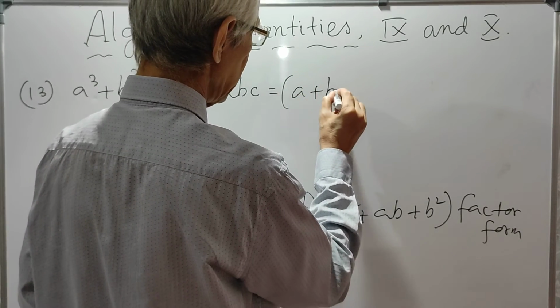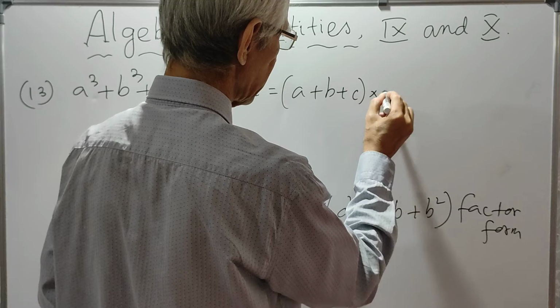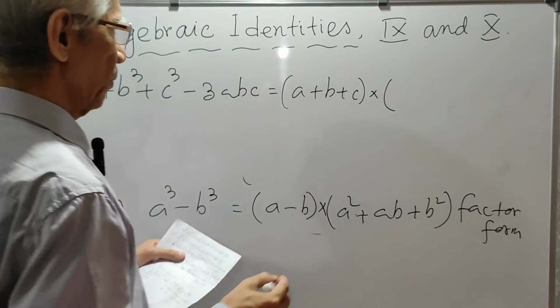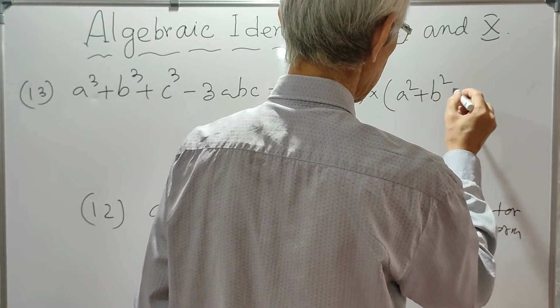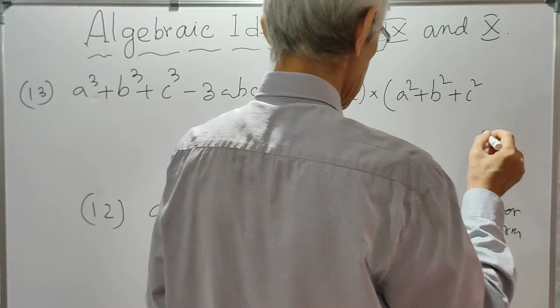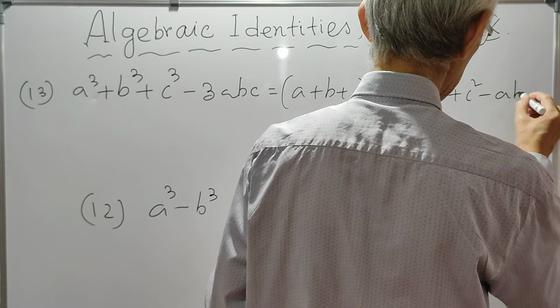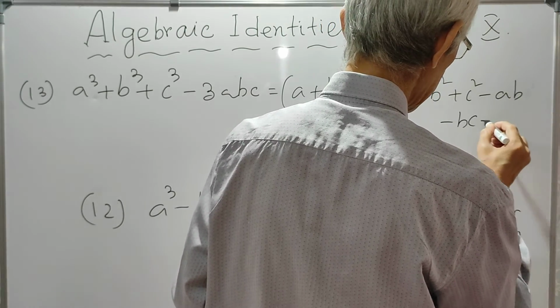a plus b plus c into a square plus b square plus c square minus ab minus bc minus ca.